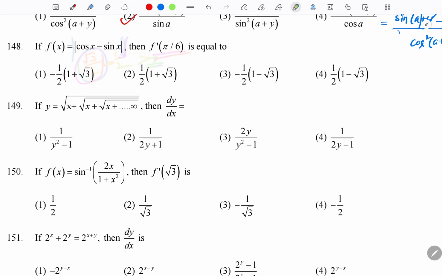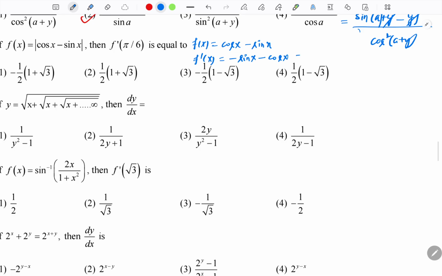Now f of x becomes cos x minus sin x at x equal to pi by 6. Then what is the derivative f dash of x? Equal to the cos derivative minus sin derivative, so minus is common for both. If I take it outside and substitute x equal to pi by 6, what is sin pi by 6?